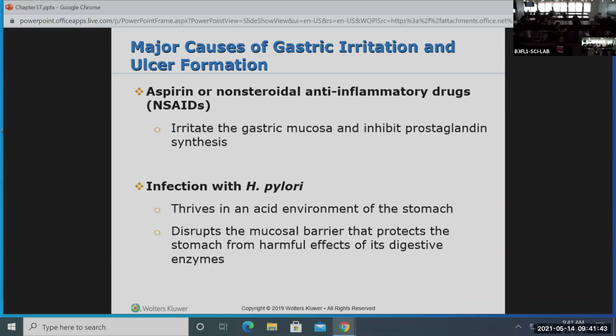In order to thrive, they need an acidic environment, and that's why it thrives over there. Now I'm taking all different types of medication to stop my gastric ulcer. I'm taking antacids and other medication to neutralize my acid, but I'm not killing my bacteria. Is it clear? Okay. Yes. Thank you.